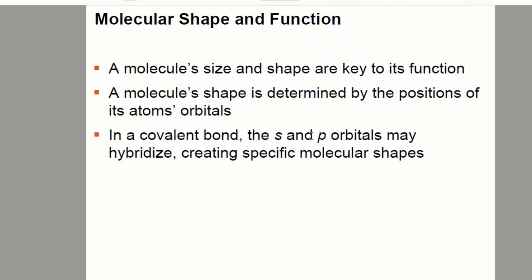There are what we call the s and the p orbitals, which may be hybridized, and they create the specific shapes of these bonds in this molecular size. So these sizes and shapes are built up from the covalent bonds, in the form of s and p orbitals hybridizing into those specific molecular shapes.